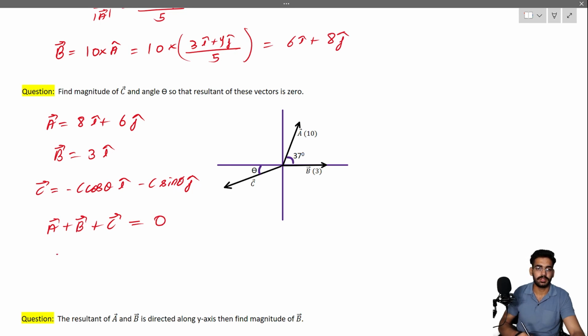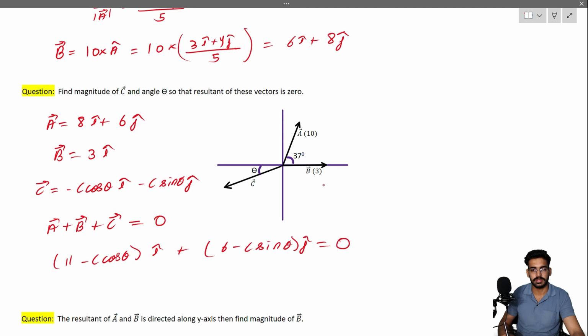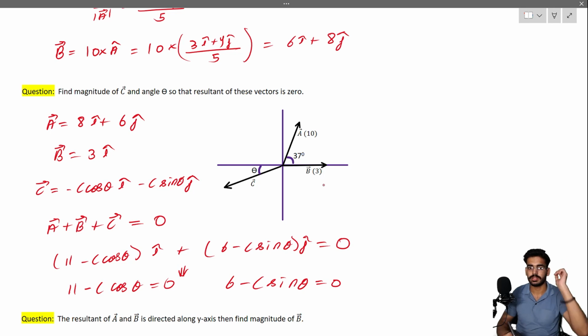So i cap will be added together, so 8 plus 3, 11 minus c cos theta i cap plus 6 minus c sin theta j cap equal to 0, right? So it is equal to 0 means your i component is also 0 and j component is also 0. So I can say 11 minus c cos theta is 0, and 6 minus c sin theta equal to 0. Then only it will come to 0 vector, right? Both the components are 0.